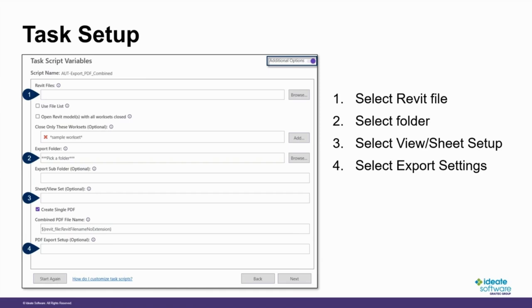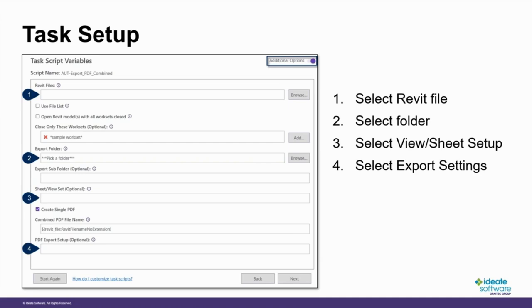But when I see the additional options, I usually want to check it on to just understand what options are available for me to fill in. So in this particular setup, I do have additional options checked on, and what that does is make my sheet and view set and PDF export setups viewable and able to be editable in this interface. But anyway, with that out of the way, let's just go through our steps again.